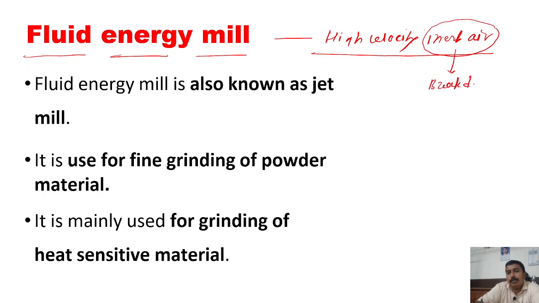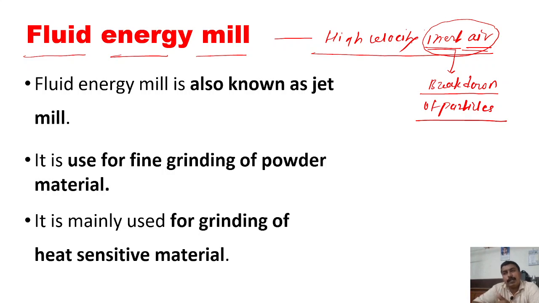Already we have discussed in the introductory part that size reduction is simply a breakdown of powder particles. So who is responsible for breakdown of the powder particle? That is high velocity compressed air.